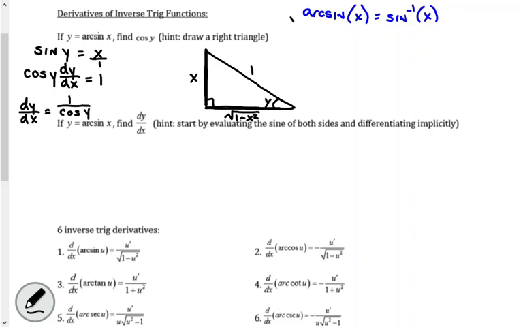Yeah? And then, what is cosine of y using our triangle? Yeah, adjacent over hypotenuse, but since it's 1 over, let's go hypotenuse over adjacent.